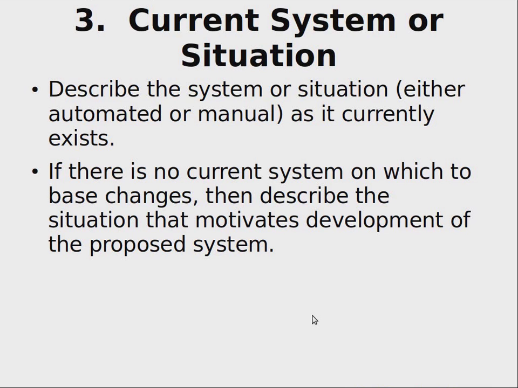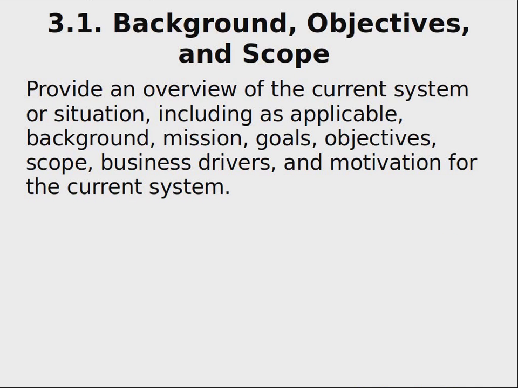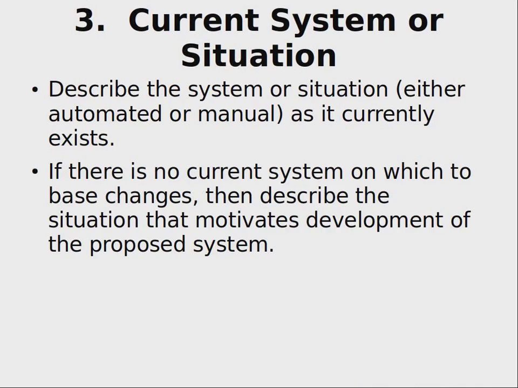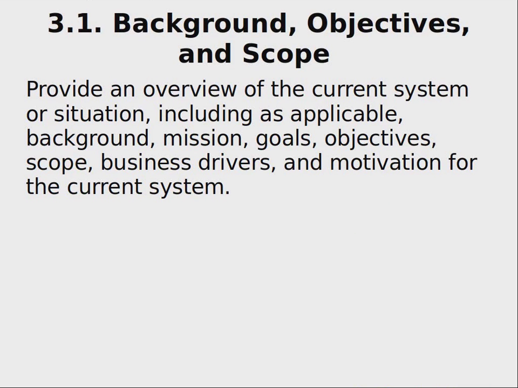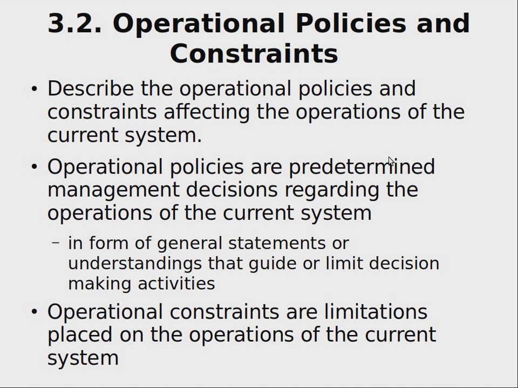In current situation, you do investigation of what business owner has, how it works, and what are these problems. Then, for background, you say, for example, what is related information, missions, goals, objectives for this business owner, different kinds of policies and constraints.